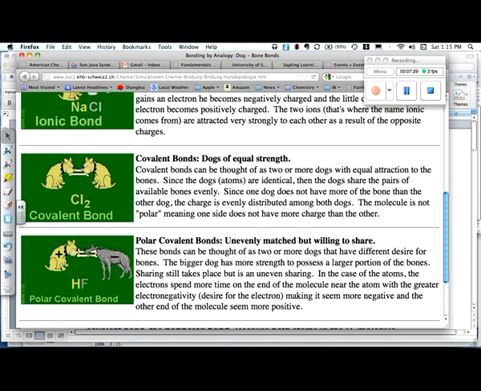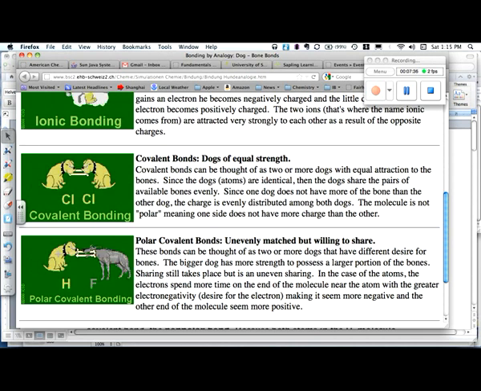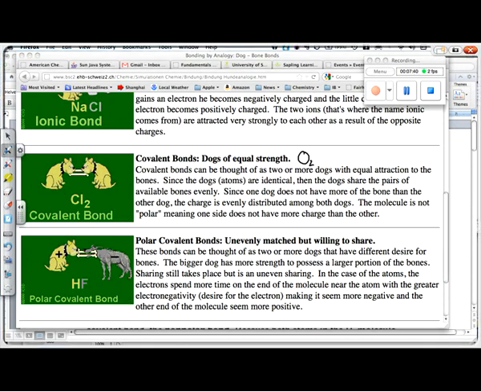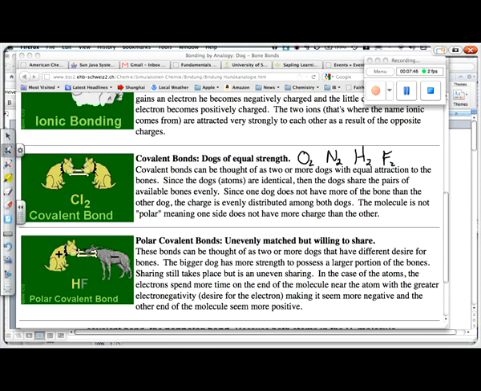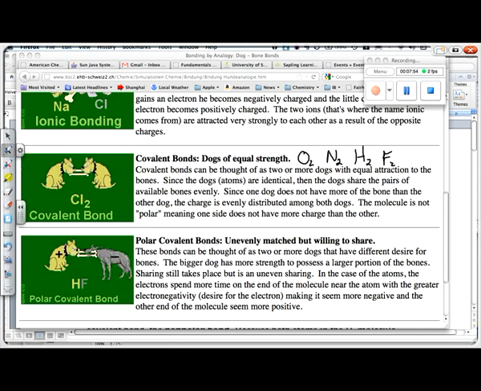Then when you talk about sharing, you can have equal sharing, where the dogs are of equal strength or the atoms have exactly the same electronegativity, and you get that with any of your elements that are the same atom. Anytime you have exactly the same atom on either side, the electronegativity is the same.